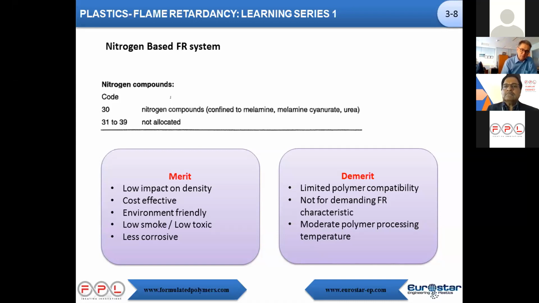All the business for miniature circuit breakers, MCB, MCCB in Europe went from brominated to halogen-free, mainly because of economic reasons. This is a very efficient and economic material, but there are some drawbacks. You cannot make a V0 halogen-free with melamine cyanurate.